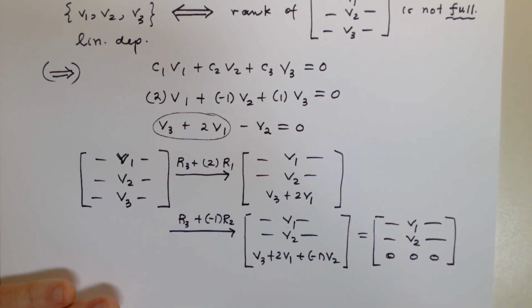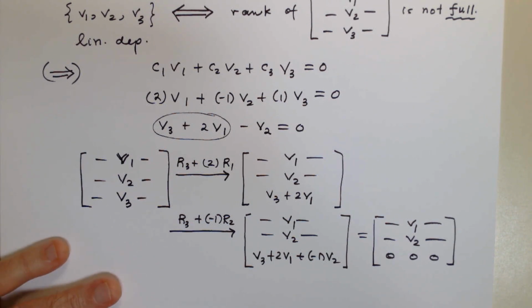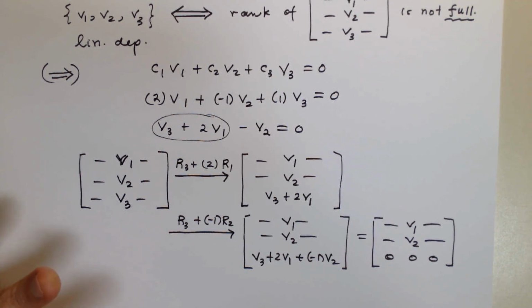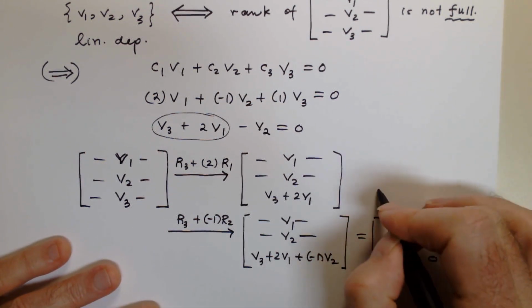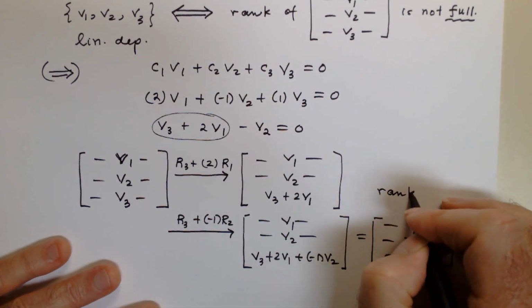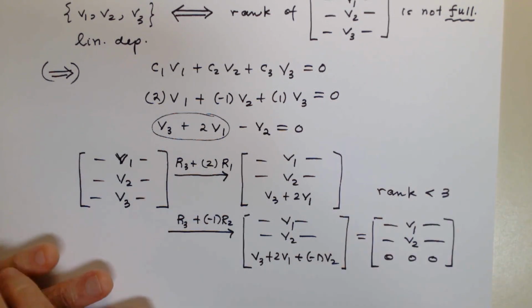And that means that the system does not have full rank. The rank is going to be 1 or 2 at most. So the rank is certainly less than 3. And that's what we wanted to show, right?